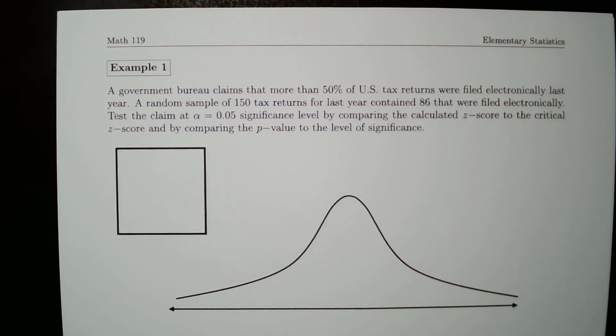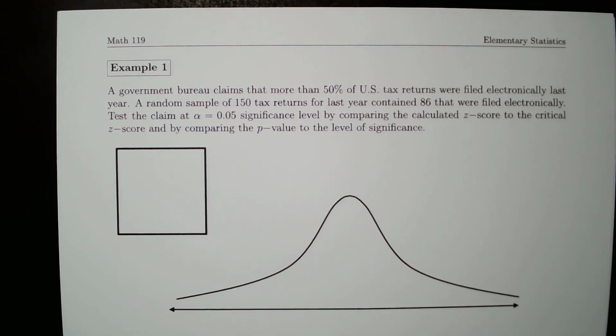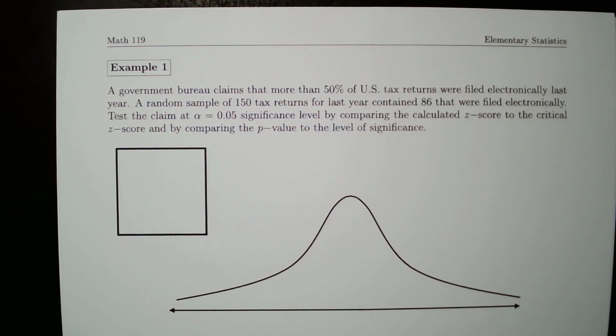A random sample of 150 tax returns for last year contained 86 that were filed electronically. Test the claim at alpha equals 0.05 significance level by comparing the calculated z-score to the critical z-score, and by comparing the p-value to the significance level.